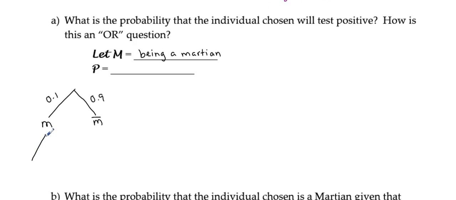Now, Martians and non-Martians, which are humans, are given a test. A P means that you test positive for being a Martian.